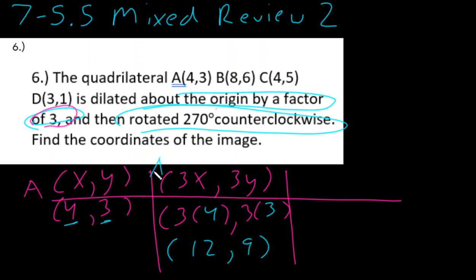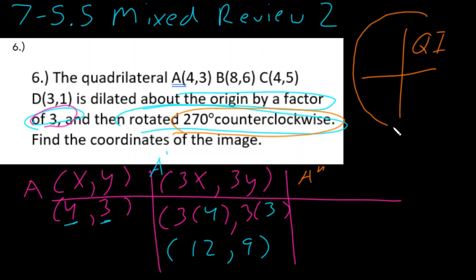Now, by the way, that was for A prime. Okay, well, how about A double prime? It then says 270 degrees counterclockwise. So let's think about this. If this was quadrant 1, and we went 270 counterclockwise, we're going 1 quadrant, 2 quadrants, 3 quadrants, rotating to the left, which really means we actually wind up rotating 1 quadrant to the right.